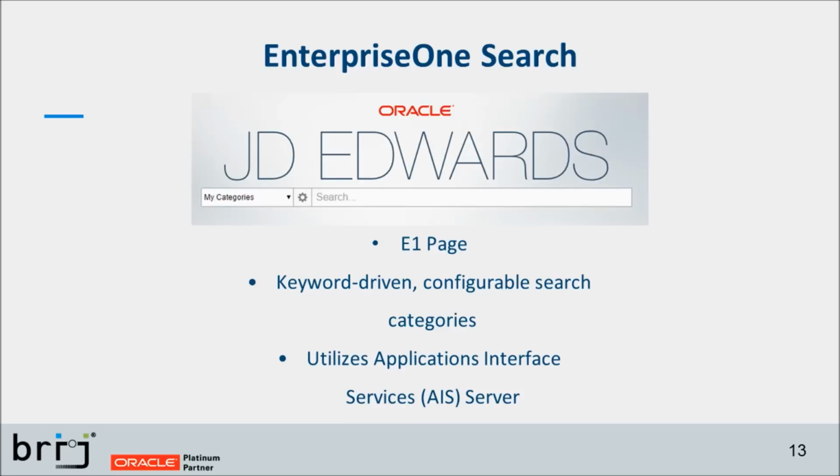So that's your AIS server. This may be something that you're familiar with in relation to mobile applications. If you have mobile applications deployed at your company, then you're deploying these utilizing an AIS server. In the past, they had used a different type of server, but with the newer applications that most are familiar with, it is that AIS server.